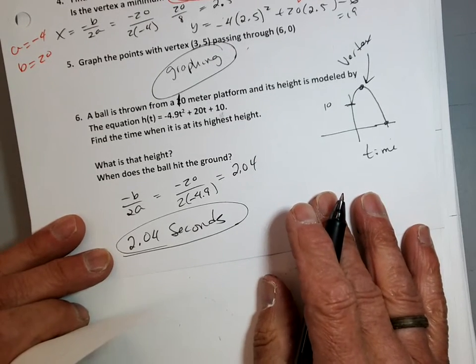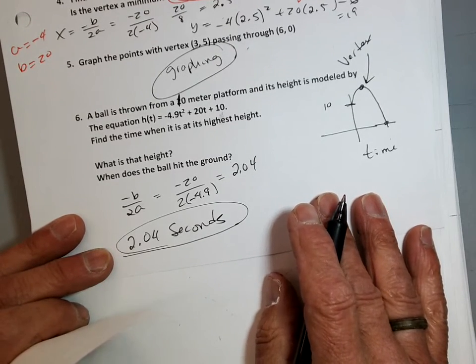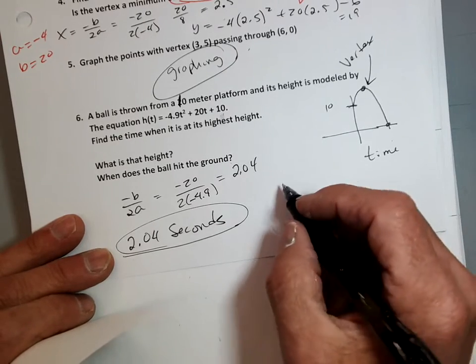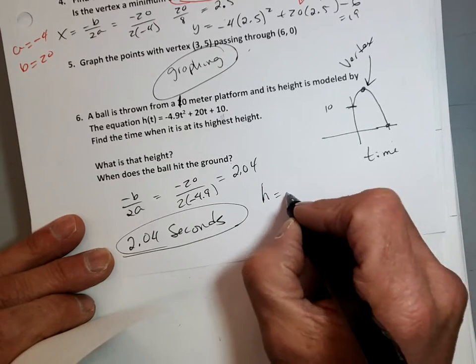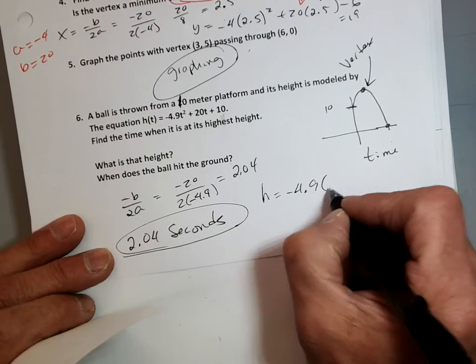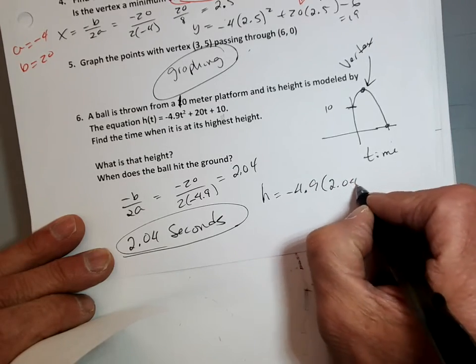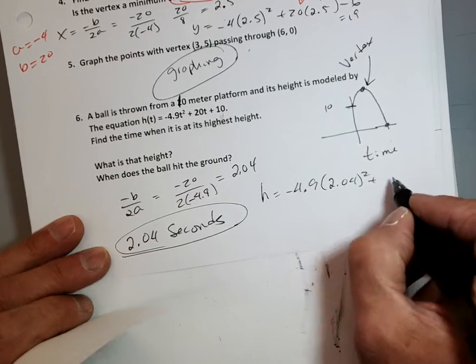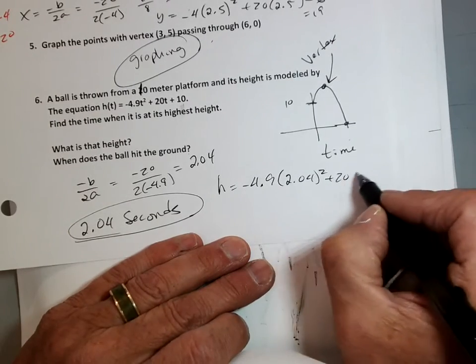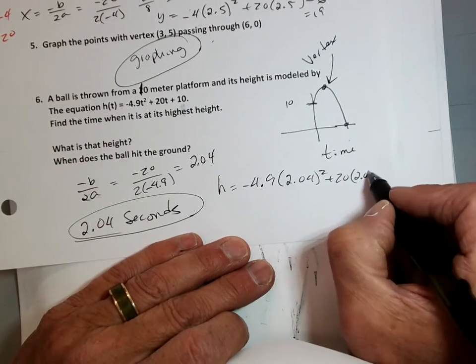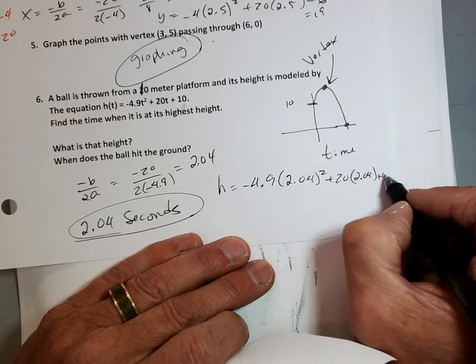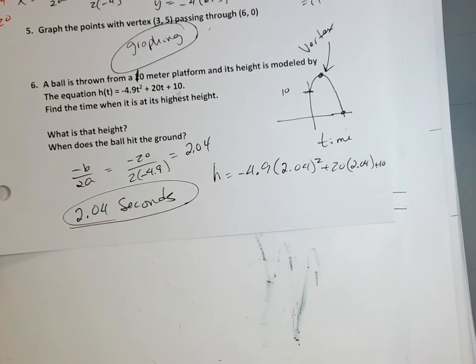What's the height? We're going to plug it in. To find the height, I'm going to go h equals negative 4.9 times my 2.04 squared plus 20 times my 2.04 plus 10. I'm going to let my calculator do the work, honestly.